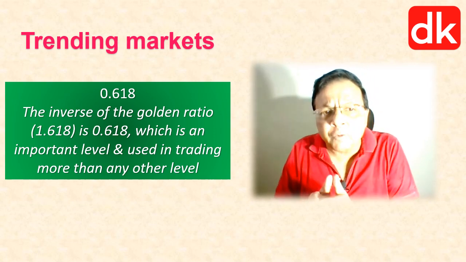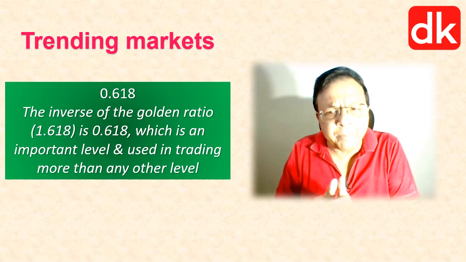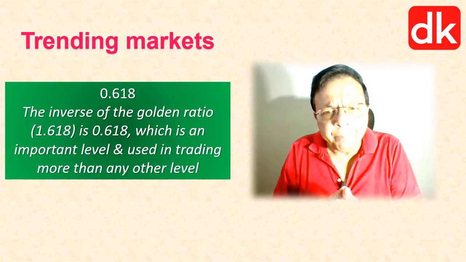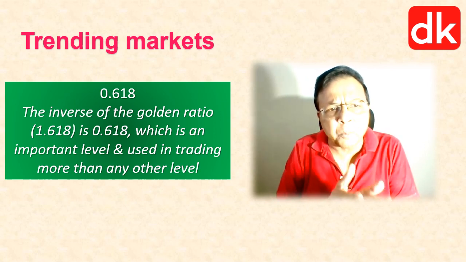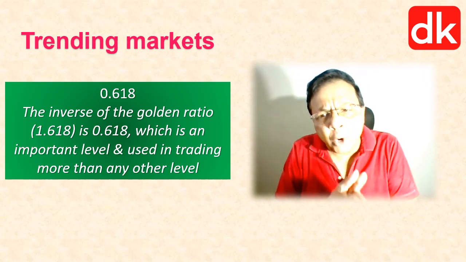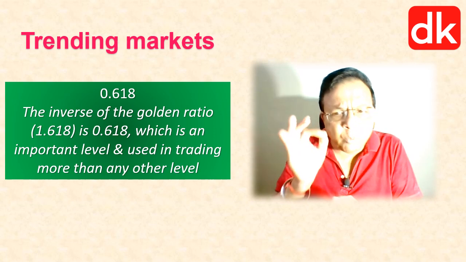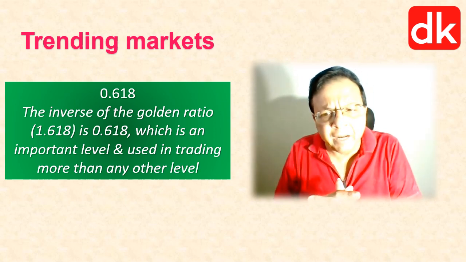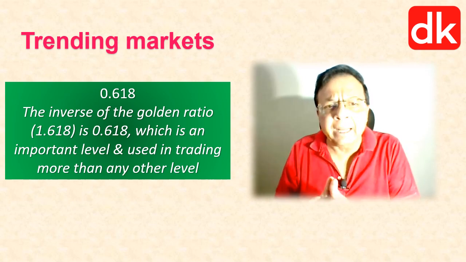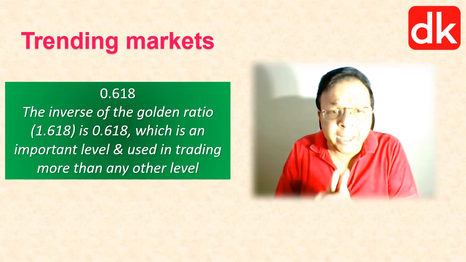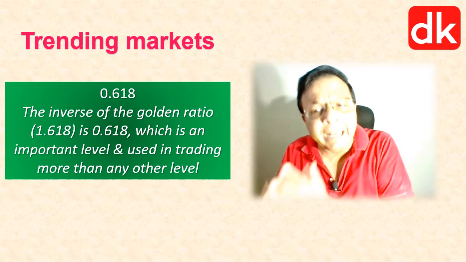The inverse of golden ratio, because the golden ratio is nothing but the ratio which we have already explained, the inverse of golden ratio, that is 1.618, is 0.618, and that is why 61.8% retracement level plays a very significant role, which is an important level and is probably used in trading more than any other retracement levels.